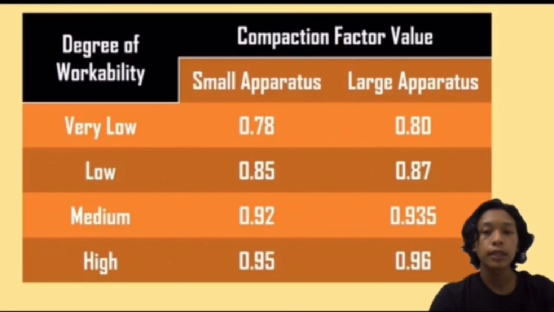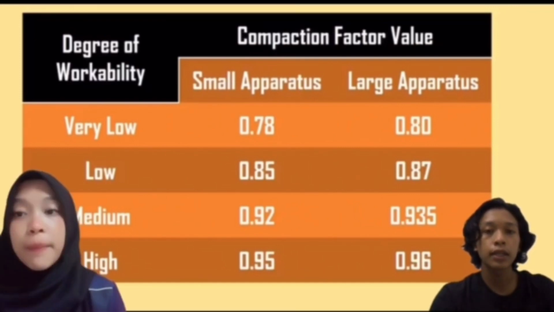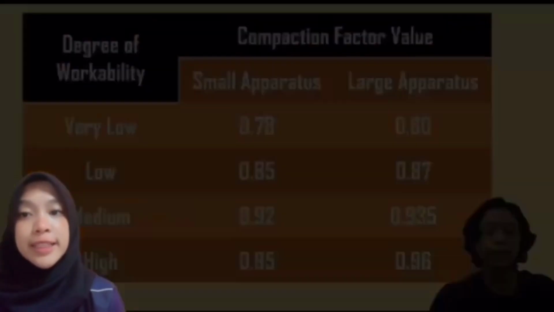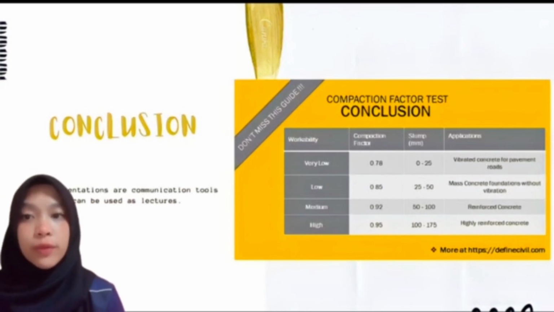And the last one is high, 0.95 for small and 0.95 for large. By the above research, we can calculate that the compaction factor of the fresh concrete mix is 0.77, while for the normal range of concrete, the compaction factor lies between 0.8 and 0.92. Hence, the degree of workability is very low. That means the concrete is vibrated by power-operated machine.